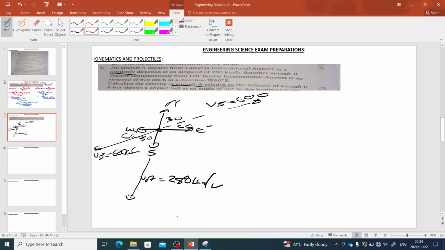In determining the position of your resultant, we said that we don't assume. We must always work out the position of our resultant using what? The parallelogram principle. Then, in using the parallelogram principle, we'll be able to establish the head-to-head and tail-to-tail principle.